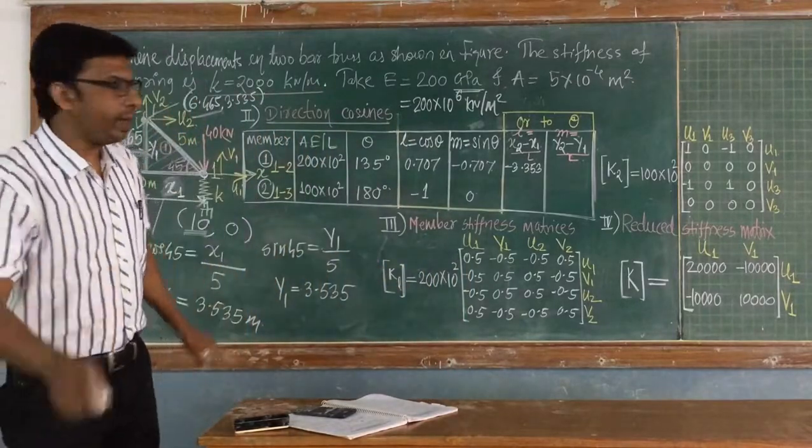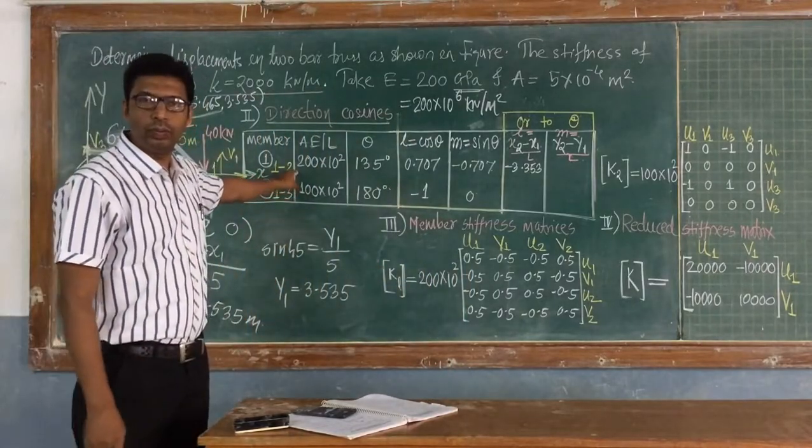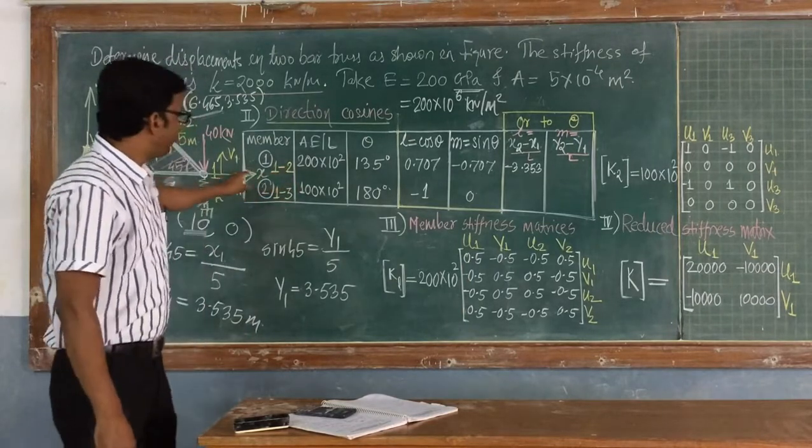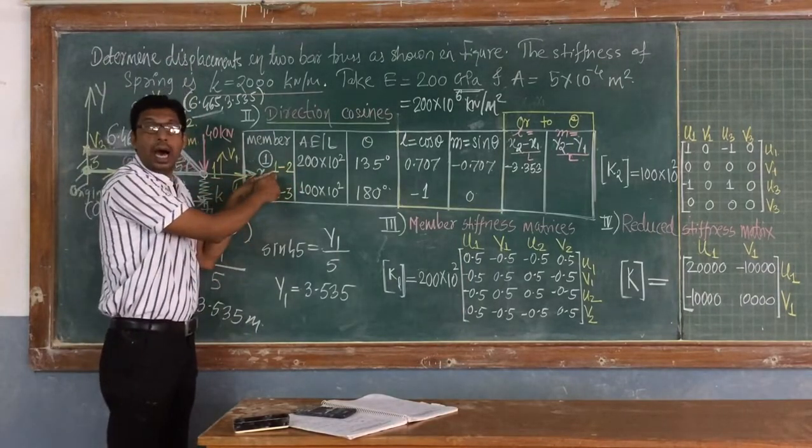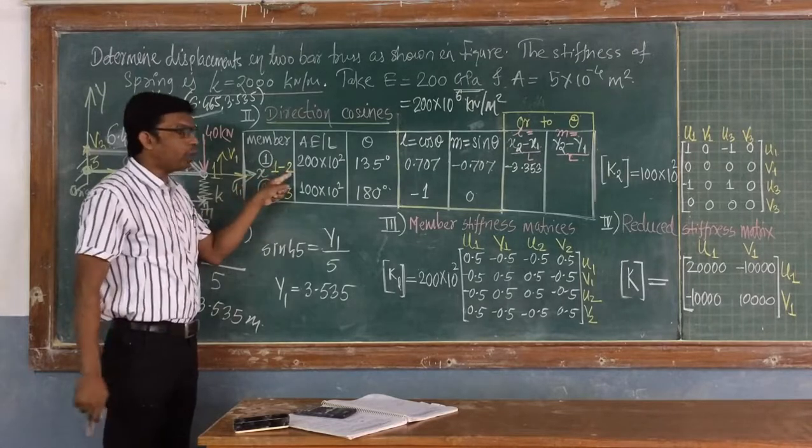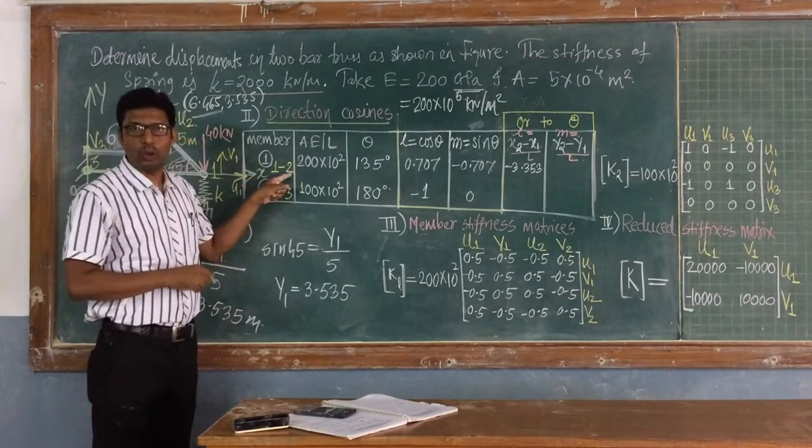We have defined the member as 1, 2. It means coordinates of 1 are x1, y1 and coordinates of 2 are x2, y2.